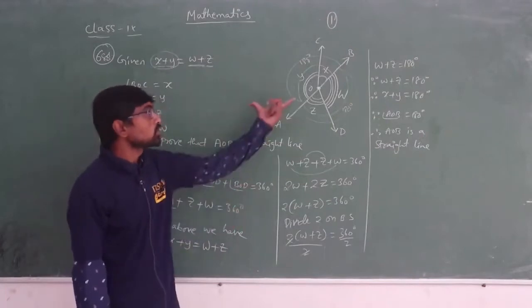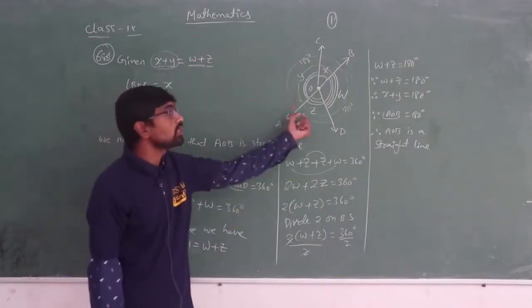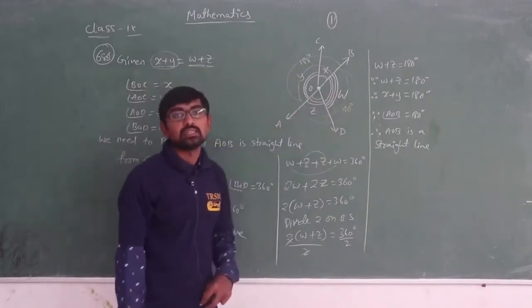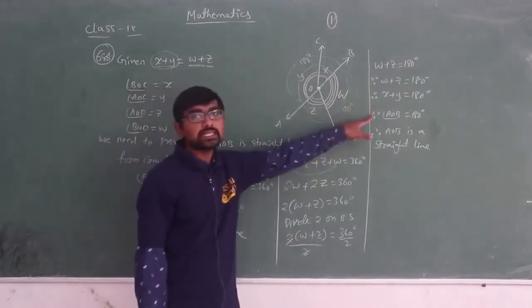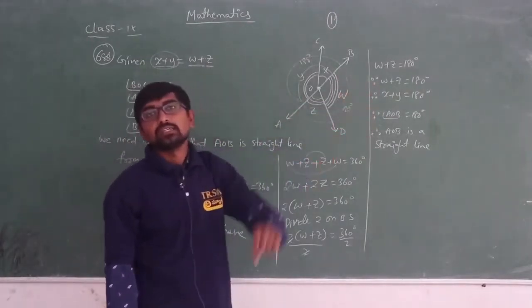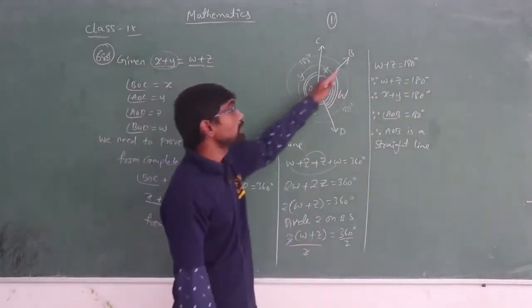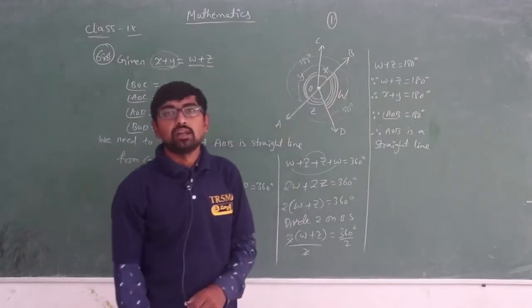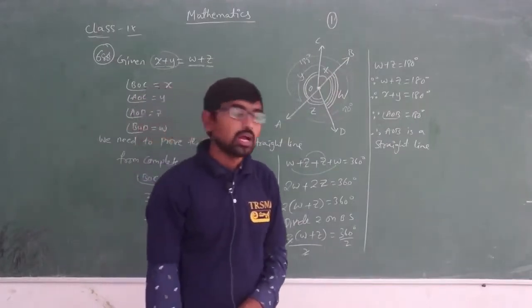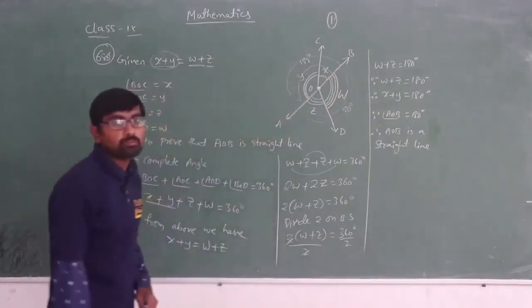In these problems, through the variables we have proved the line is straight, that is, we have got the angle 180 degrees, and as an angle of 180 degrees is a straight line angle, therefore AOB is a straight line. So this is how you have to solve such types of problems.